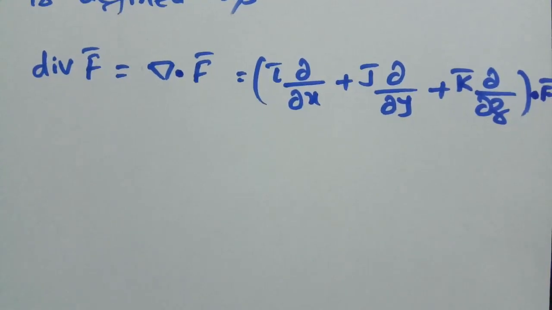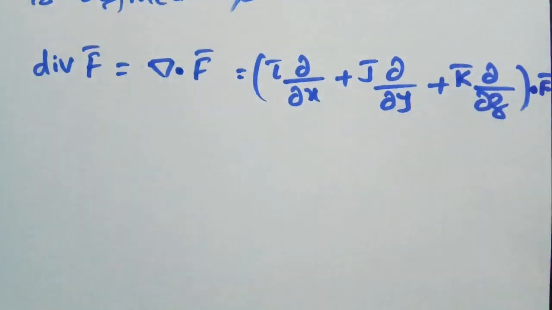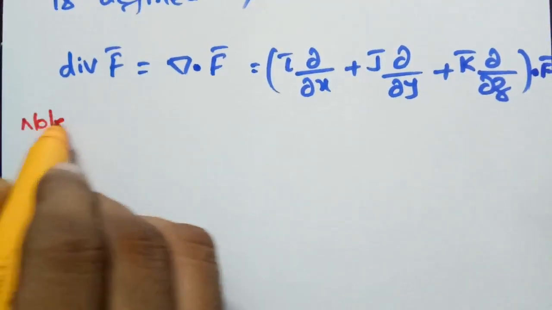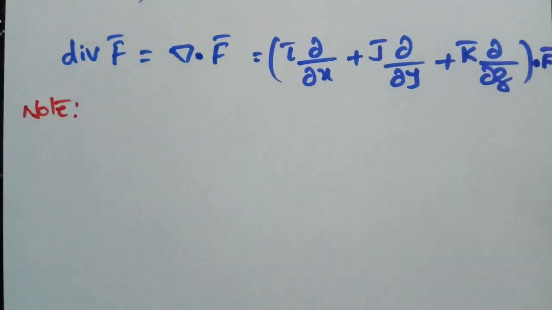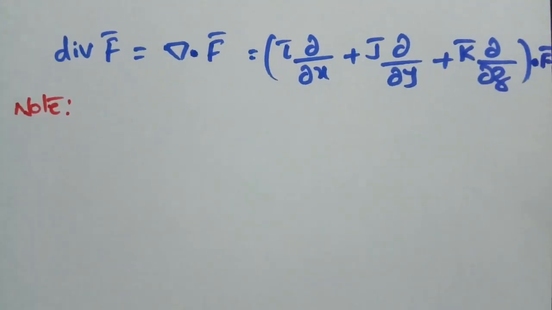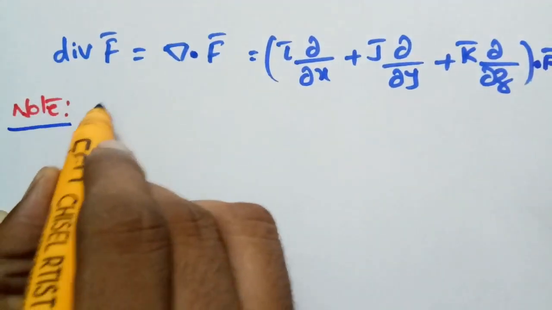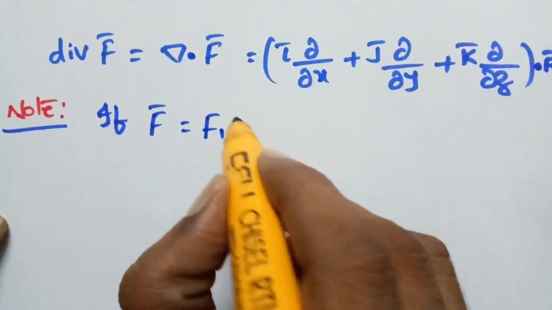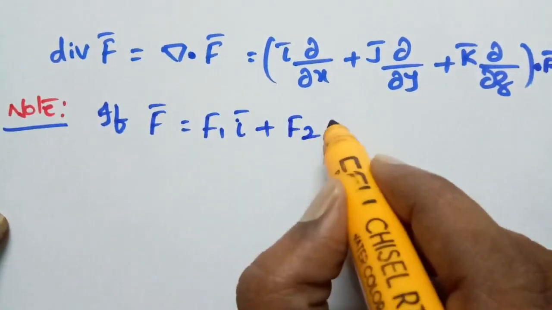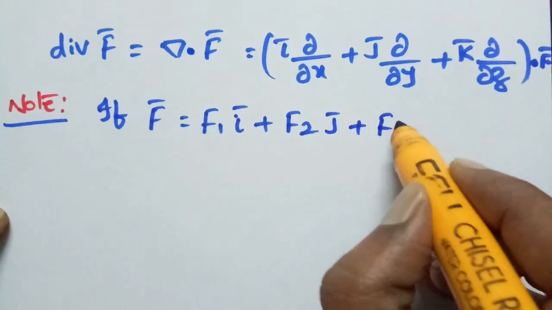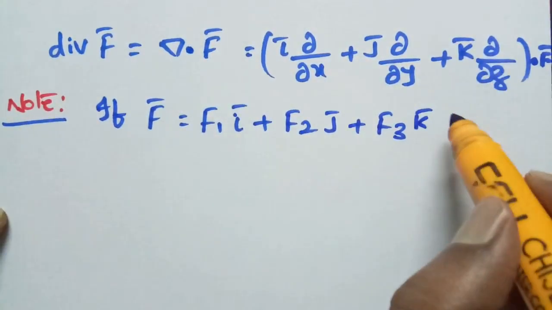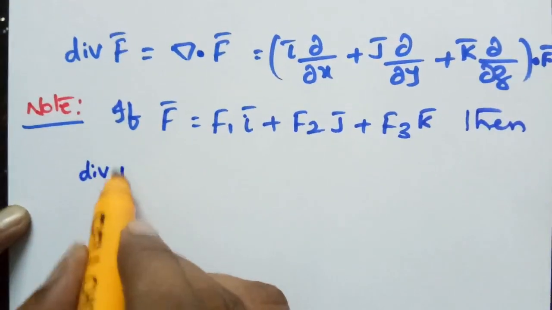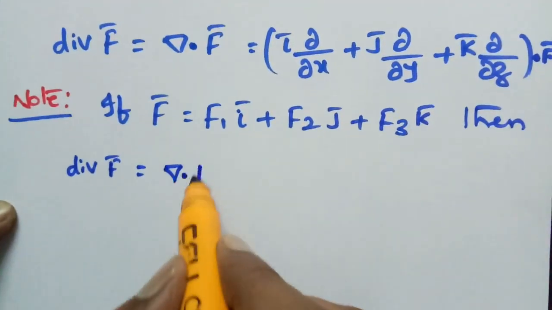So therefore, now note, if F bar is equal to f1 i bar plus f2 j bar plus f3 k bar, then div F bar is equal to del dot F bar.